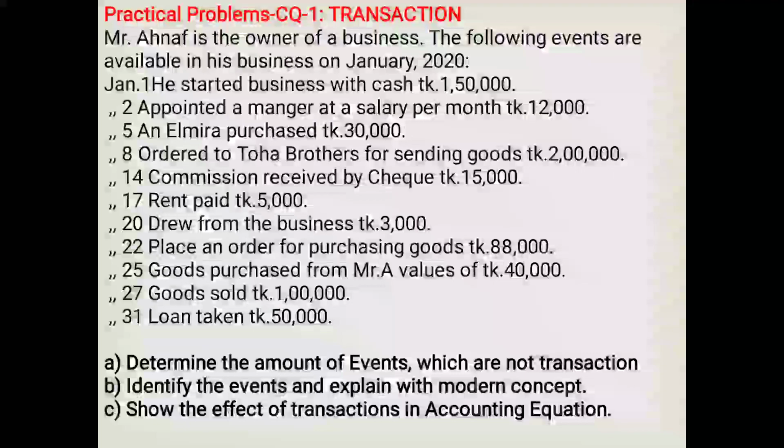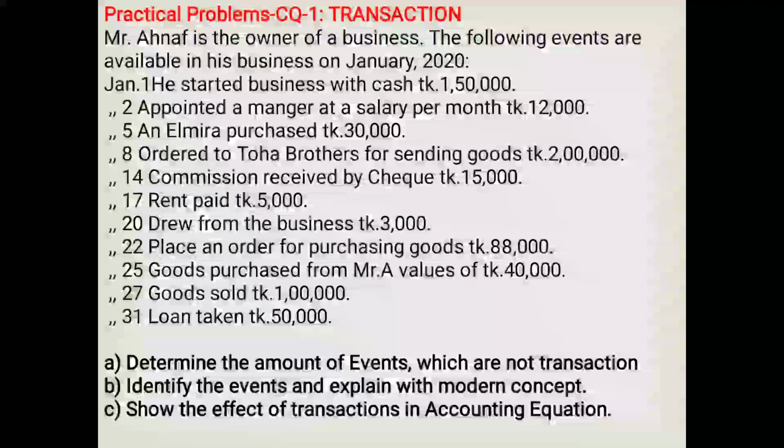January 14, commission received by check taka 15,000. January 17, rent paid taka 5,000. January 20, due from the business taka 3,000. January 22, placed an order for purchasing goods taka 88,000. January 25, goods purchased from Mr. A valued at taka 40,000. January 27, goods sold taka 1 lakh. January 31, loan taken taka 50,000.